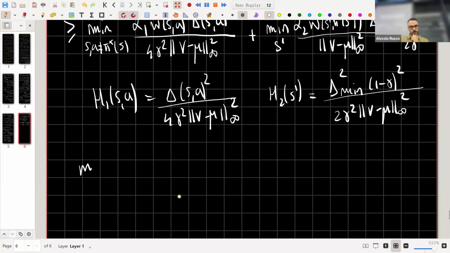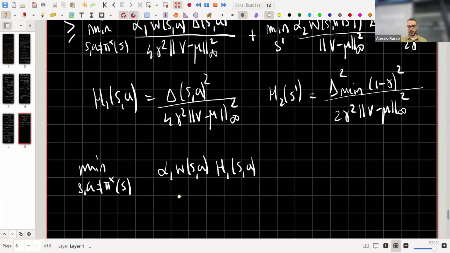Okay, so at the end, we have just found this lower bound: alpha 1 W SA h1 of SA plus minimum over S prime of alpha 2 W S prime pi star of S prime times h2 of S prime.